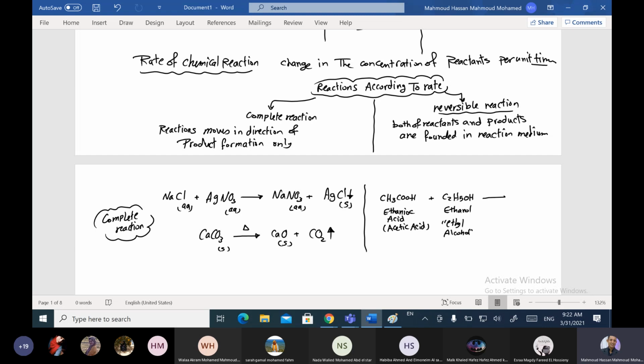In this case, we will find these reactions move in two directions, forward and backward.